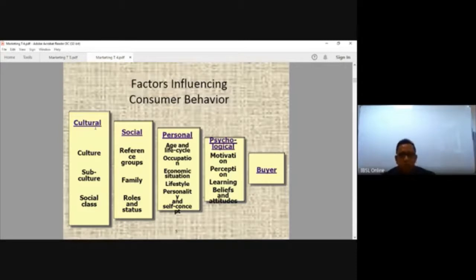We have different personalities. Our psychological status is different. So these are the broader factors that influence consumer buying. Let's see them one by one.